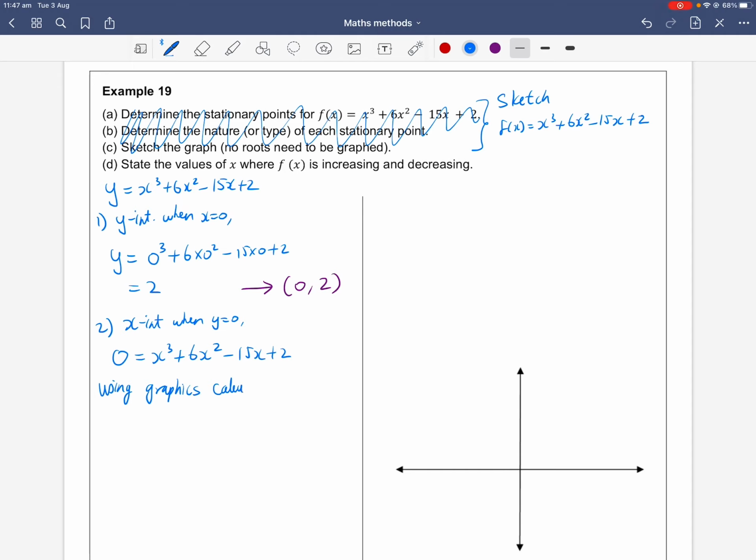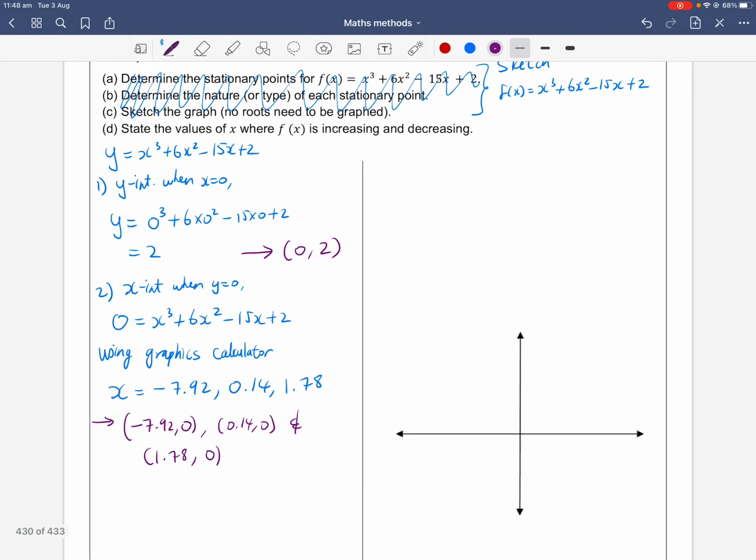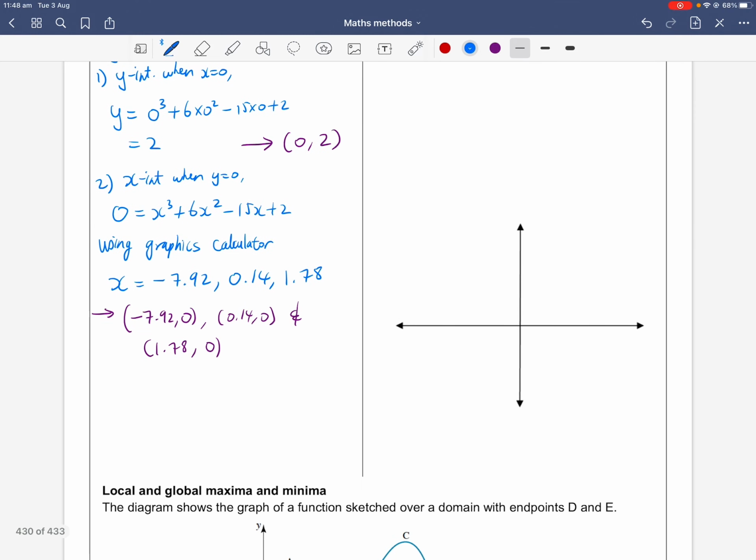But for now, let's say we worked out what our x-intercepts are. We get x is negative 7.92, 0.14, and 1.78. So that gives us three x-intercepts.